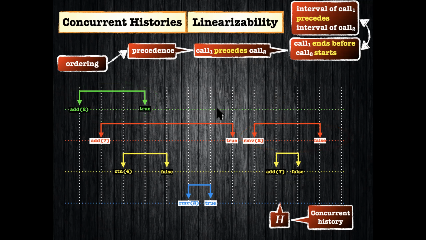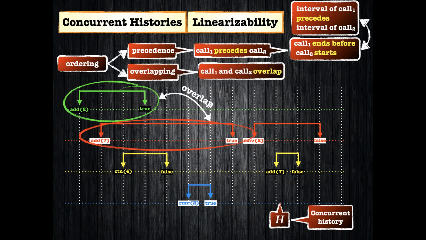And this applies even for these two here. This one precedes this one. The second criterion by which you would judge the ordering of method calls is overlapping. Overlapping is the opposite: these two method calls, for instance, overlap. It's not the case that one of them is completely before the other.